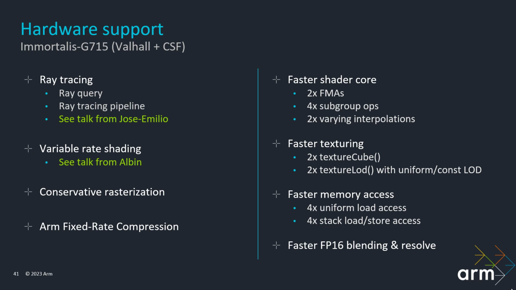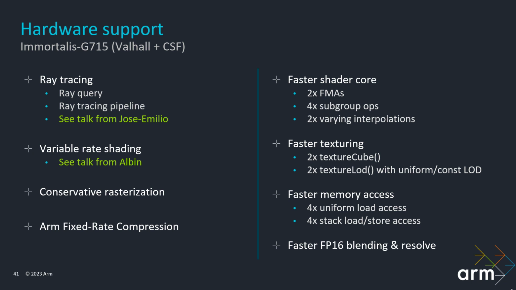But on the shader core side, there's also a huge number of improvements that are just a bigger, faster, more capable core that will help a lot of existing content or more mainstream shader content that's out there. So we have a faster shader core that can do twice as many FMAs per clock, 4 times faster subgroup operations, and twice as many varying interpolations. For texturing, we've improved the performance of cube mapping and texture LOD, so that's twice as fast.